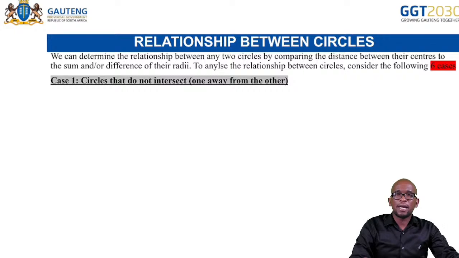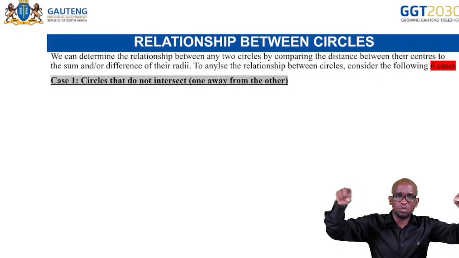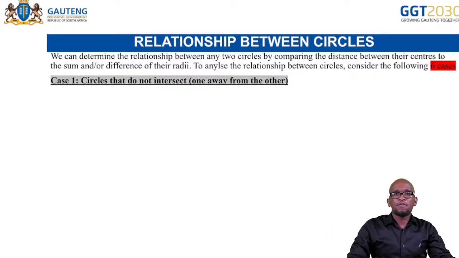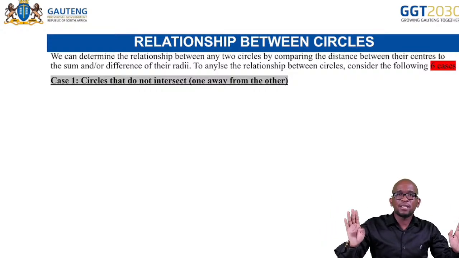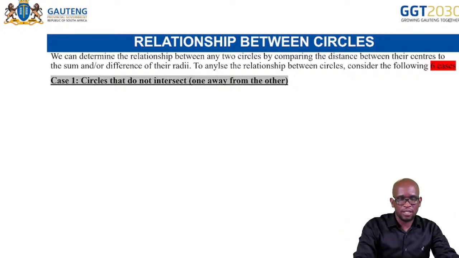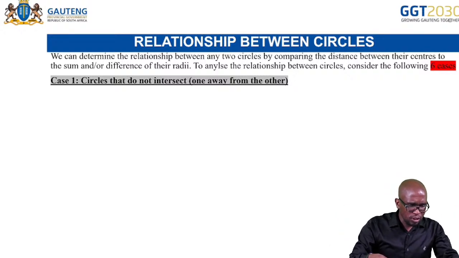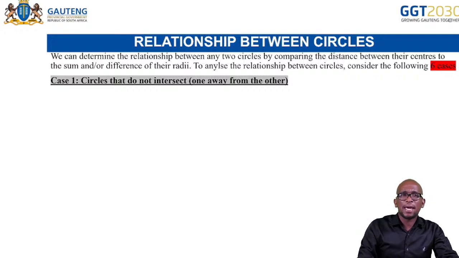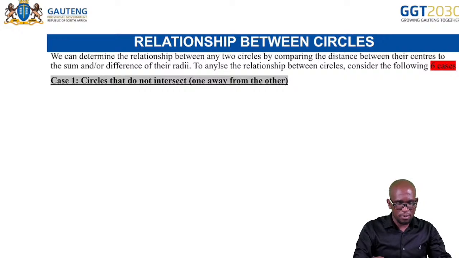I explain again: you get the distance between their centers, and then you compare that with the sum as well as the difference of their radii. Right, I present to you 6 cases in which we're going to try and analyze this concept.